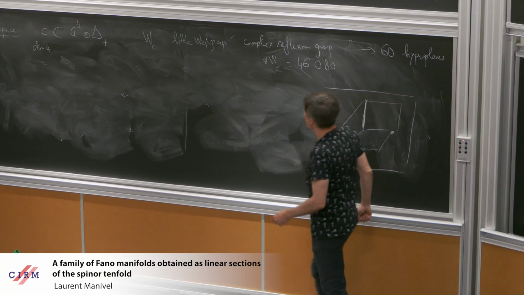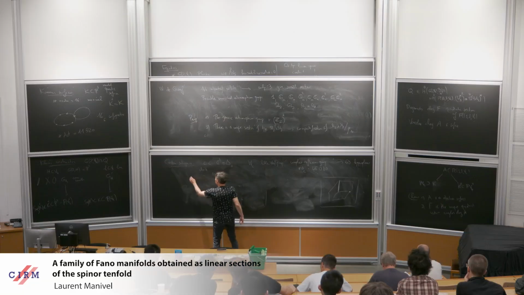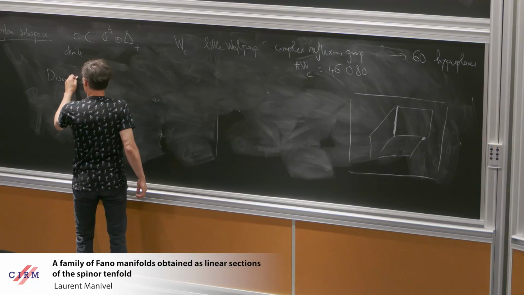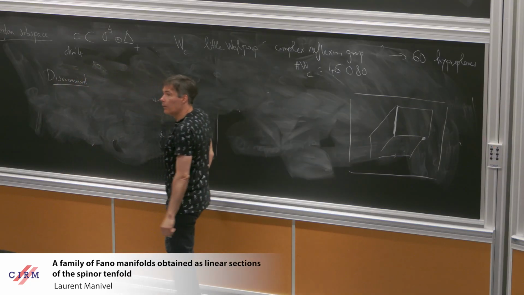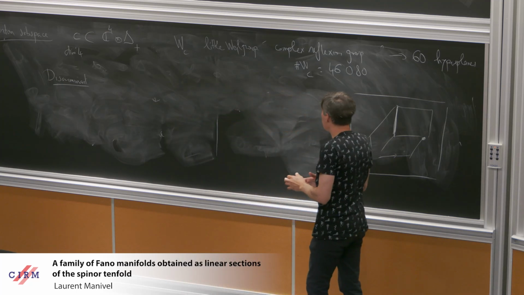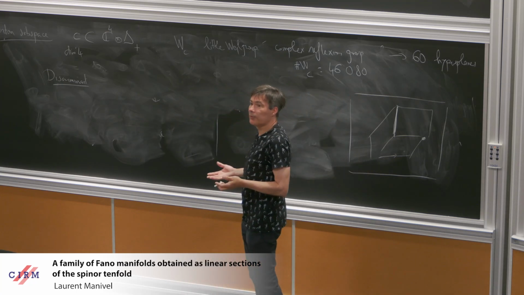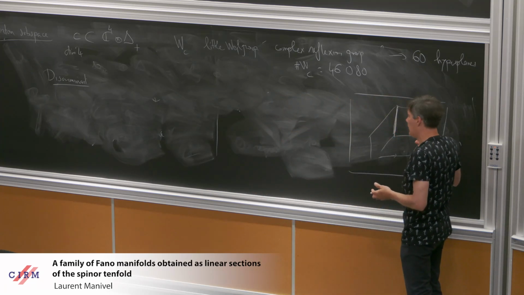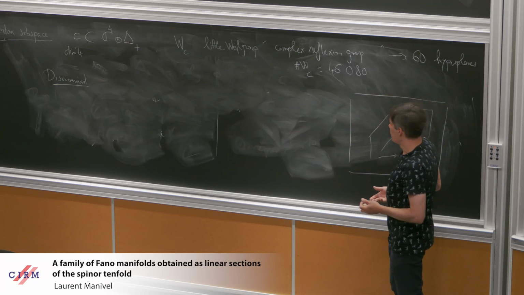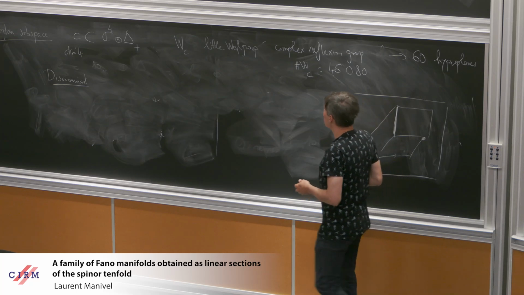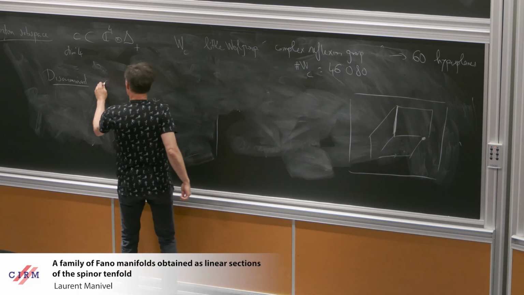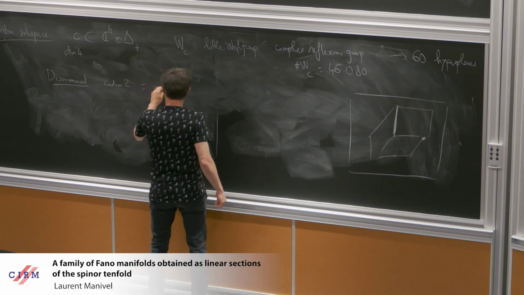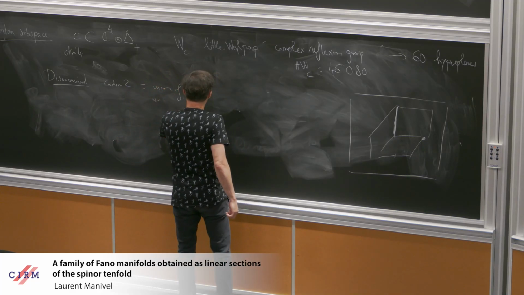So in particular, very briefly, the first thing you can ask is what is the discriminant? You expect the discriminant to be a hypersurface. It's a priori a codimension 1 condition, so you expect the union of the hyperplanes. It's not the case. Because of these special properties of the spinor, this discriminant has codimension 2. So it's the union of 30 special lines.